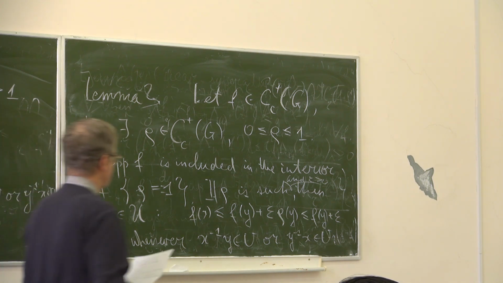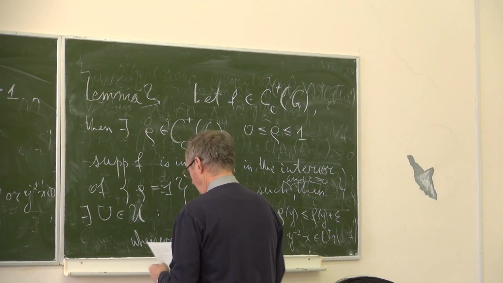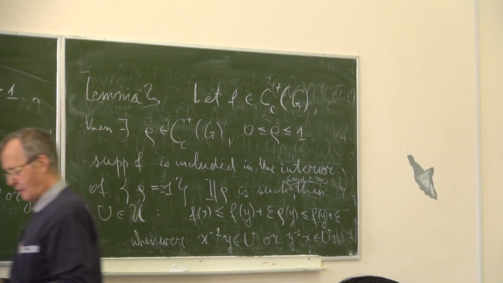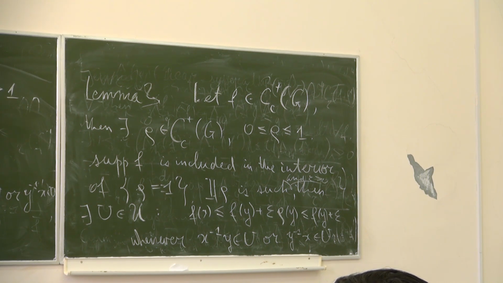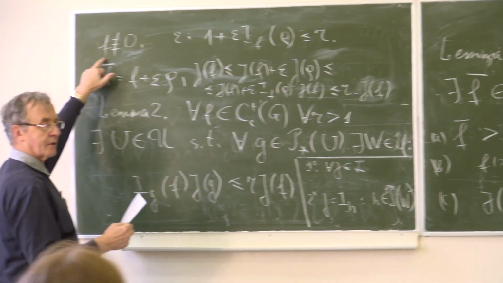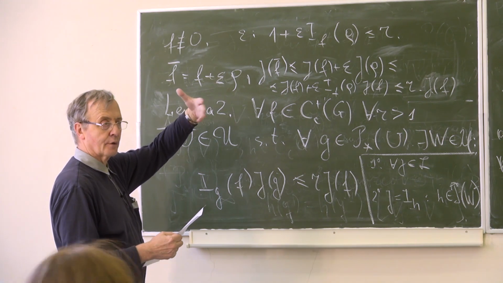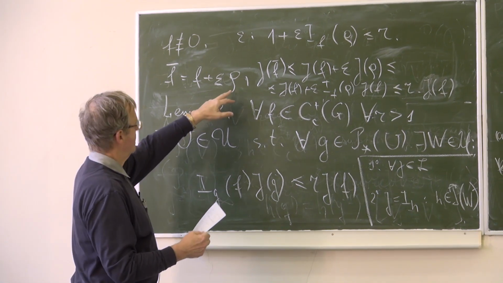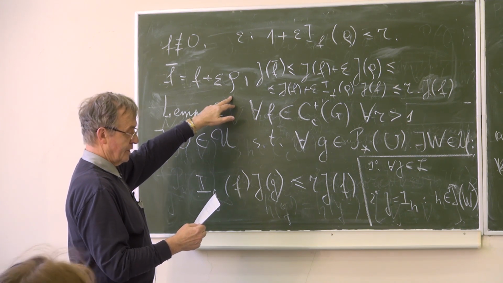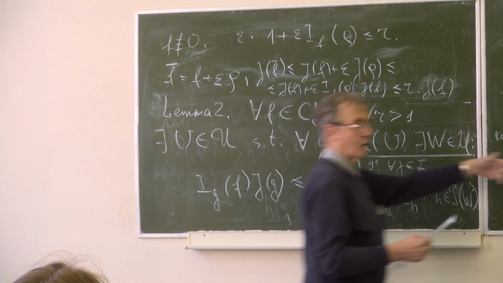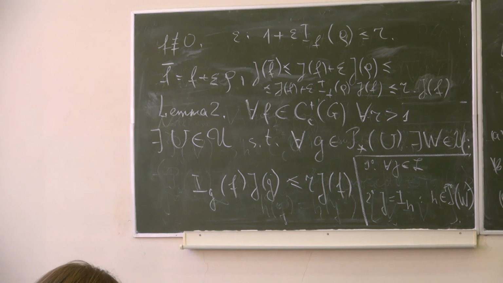And here we can make an important remark that if f was symmetric from the outset, it is invariant under inversion, then this f bar also can be chosen symmetric, because then rho can be chosen symmetric, and so on.